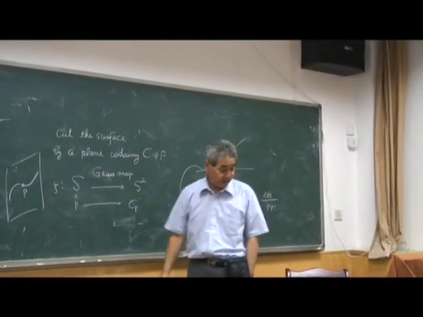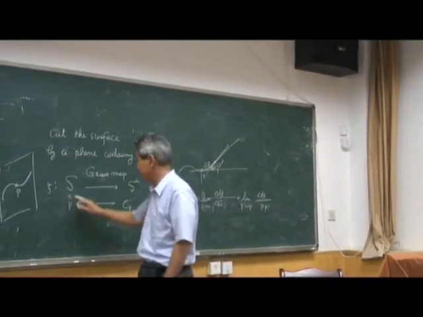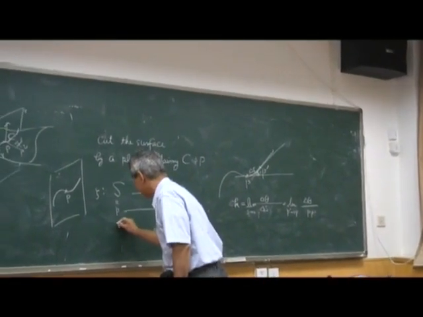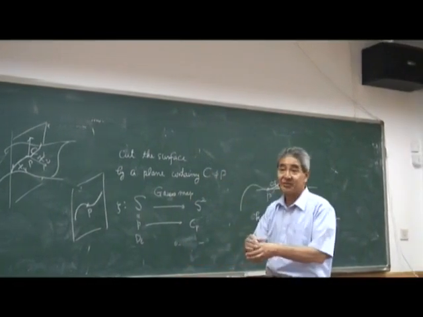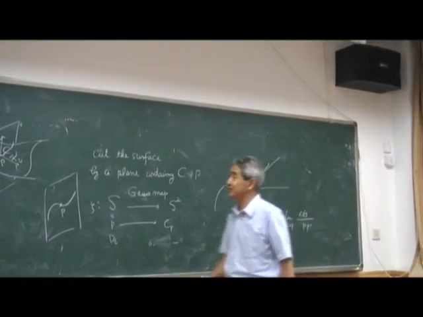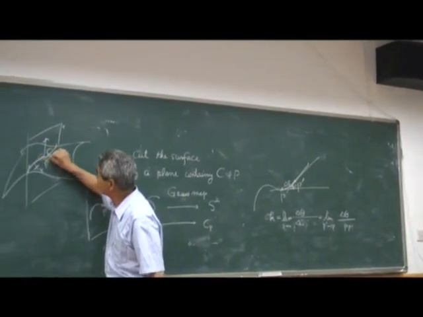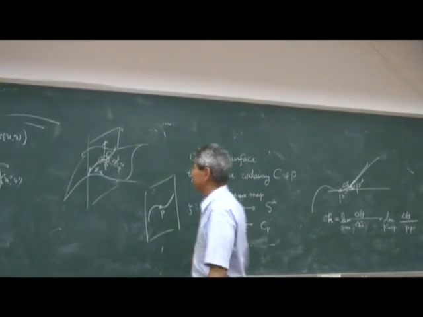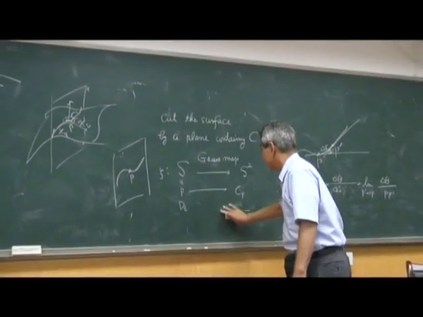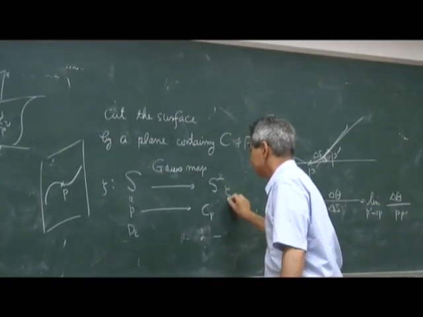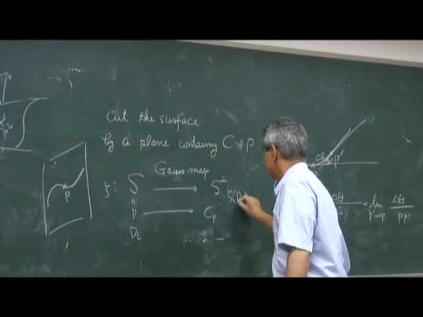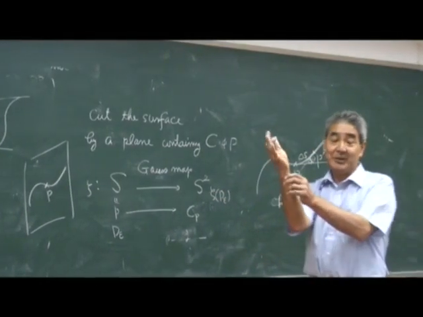Then he defined that if you choose some small area epsilon, a small disk-like region here, and then compare its image by zeta, the normal vector is changing.